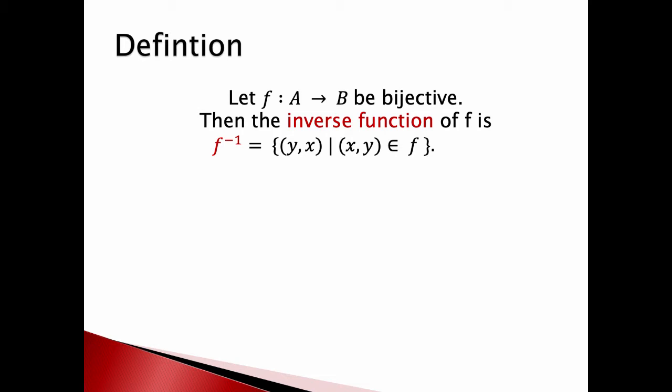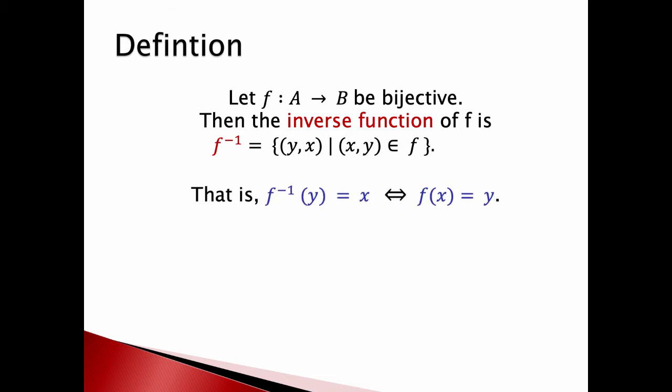Okay, so I've said the words inverse functions a few times and hinted that this was coming. If we had a function which was bijective, so remember that means one to one and onto, then you can define an inverse function. Doing this with relations and sets of ordered pairs, if we have an ordered pair (x, y) being an element of the relation which defines the function f, then all we do is switch the x's and y's around.